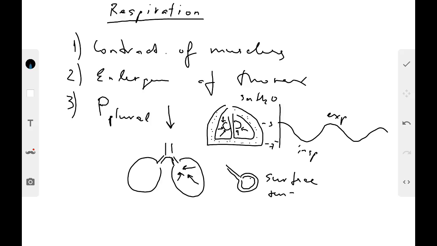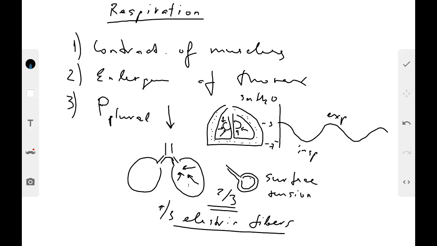It explains 2/3 of this power, and 1/3 of this elastic power of the lungs may be explained by the elastic fibers inside the lungs.